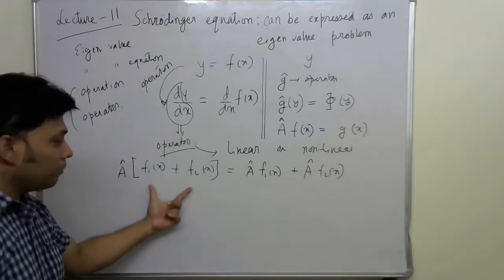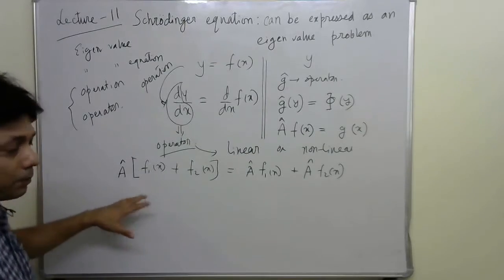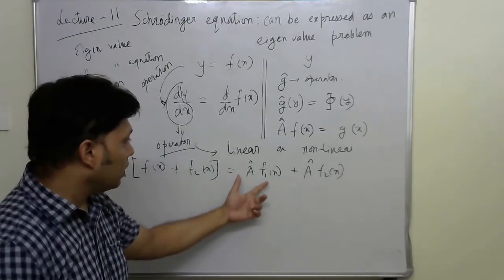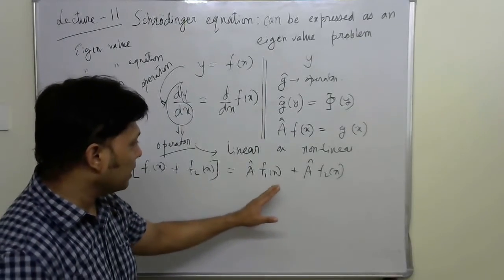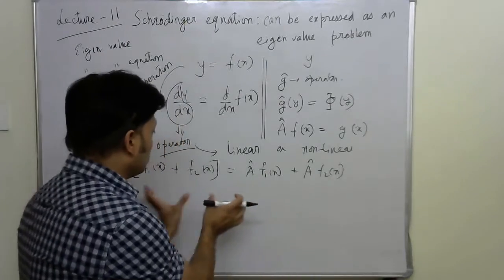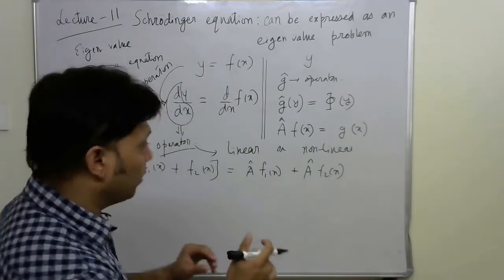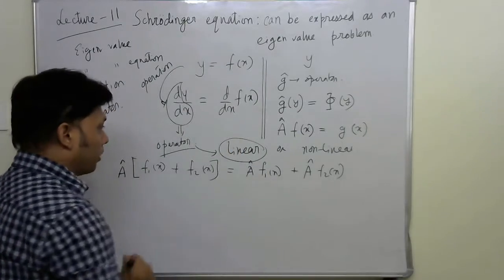If we take the addition of these two functions first and then do the operation, it should be equal to the individual operations. So if A operates on f1(x) and A operates on f2(x) and then we take the summation, both left and right side should be equal, then such type of operator is called a linear operator.